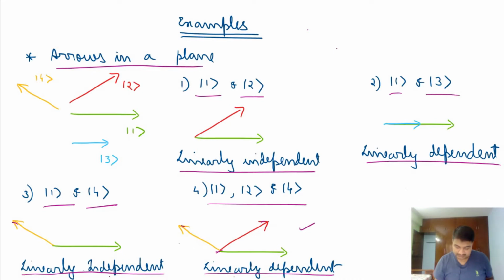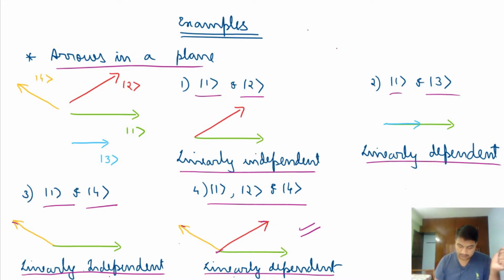If you consider this case where we have 3 vectors, and you choose any 2 of these vectors, they are going to be linearly independent. But as soon as you add the third vector, we can always write the third vector in terms of the other 2 vectors by multiplying them with appropriate constants. And that is how we said that these 3 vectors are linearly dependent.